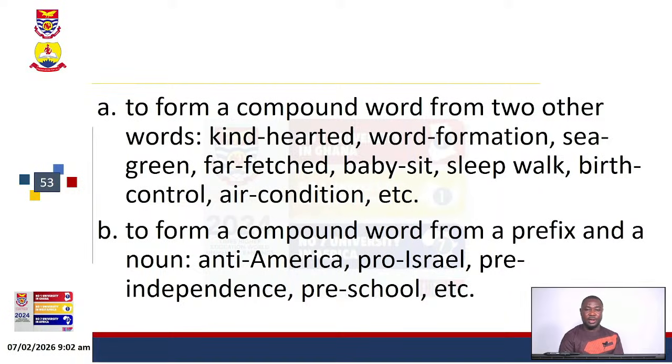Now, you can also use the hyphen to form a compound word from a prefix and then a noun. Anti-America. If you are American, you say anti-America. If you are British, anti-America. Pro-Israel or Israeli.